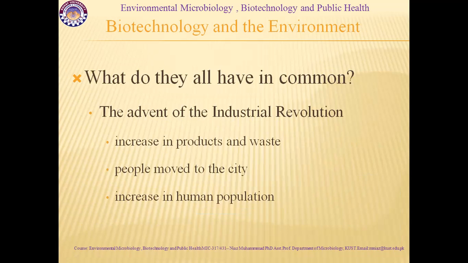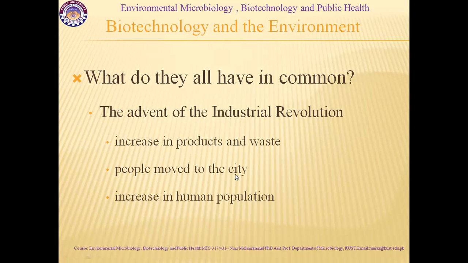To fulfill these things, the industrial revolution is there to create jobs, to produce food, to produce other requirements and needs of life. So there is huge industrialization going on on this globe, that increases products and waste.